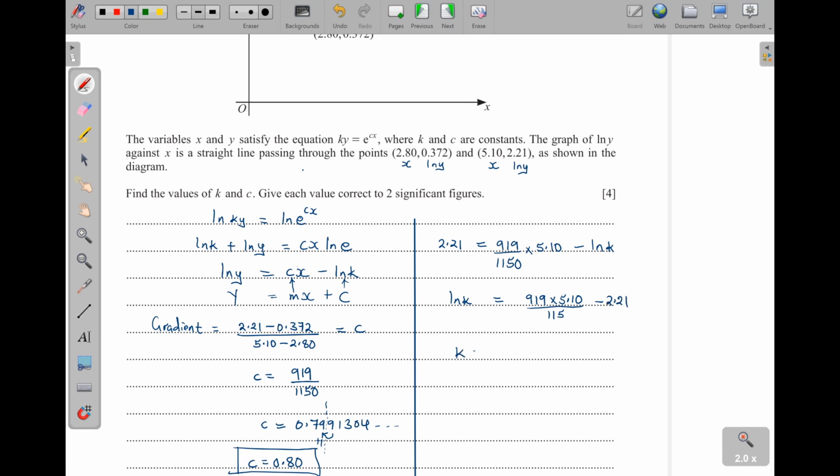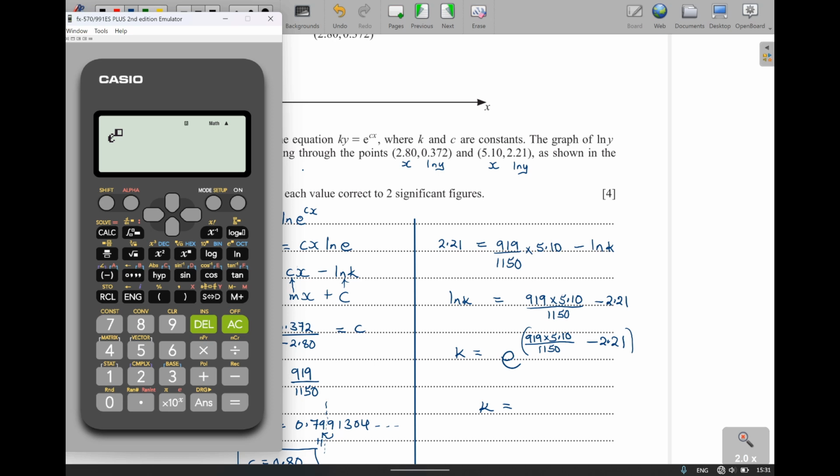So for us to get k here, to undo natural logarithms, we use exponentials. So it will be e to the power of 919 times 5.10 out of 1150, then we subtract 2.21. So what will be our k to two significant figures? We put the whole of this in the calculator.